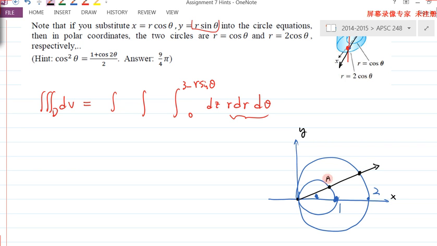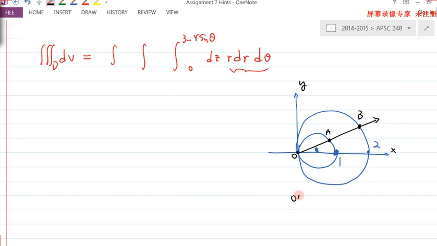Let's say this is point A, this is point B. So OA gives you this r min, and OB gives you this r max. This is actually where you did a similar exercise in the double integral.